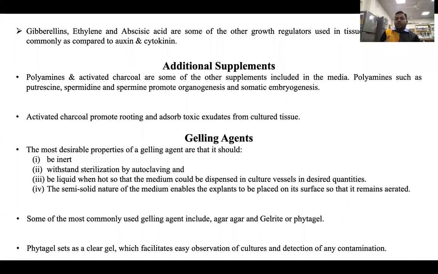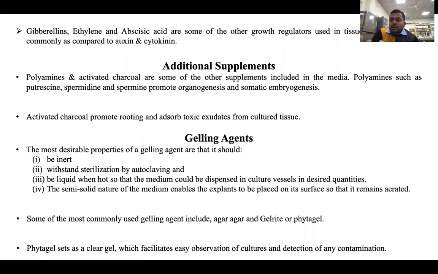So that browning, we need to avoid that. But in some cases, if it is happening, then people do include activated charcoal to absorb these toxic exudates.